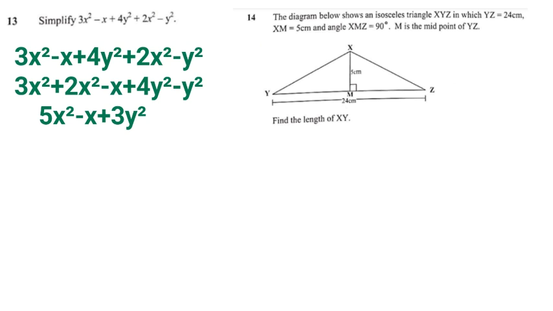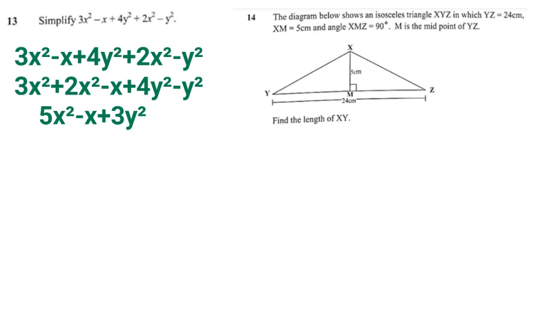M is the middle point of YZ. Okay, so you can look at that. So we are told that M is the middle point of YZ. Okay, so the question is find the length of XY.